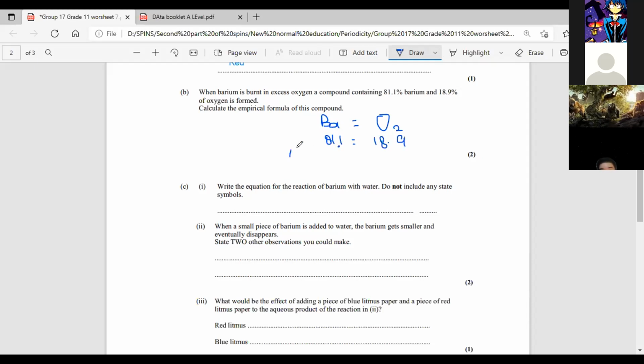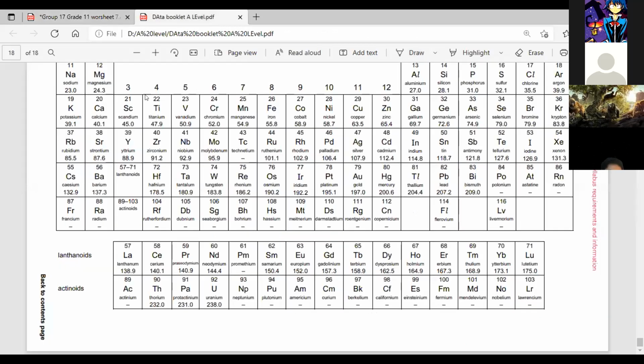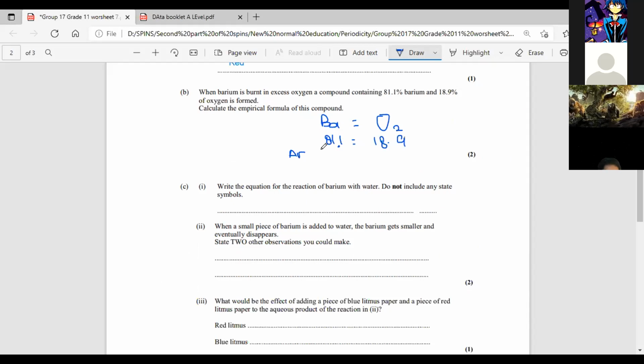The Ar of barium on the periodic table is 137.3. Oxygen is 16.